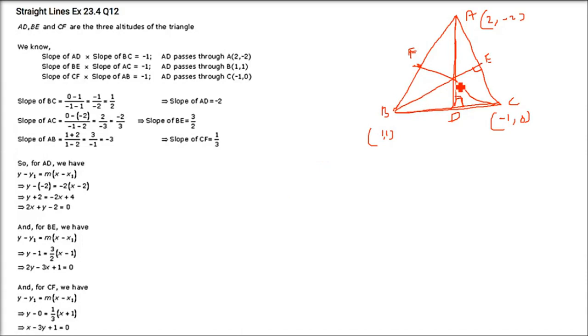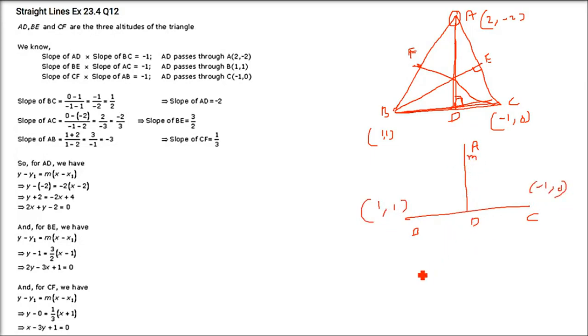This line is also passing through (2, minus 2). So a line passing through (2, minus 2) and perpendicular to BC can be found. This is line BC and AD is perpendicular to it. This is AD. We have B point as 1, 1 and C point as minus 1, 0.